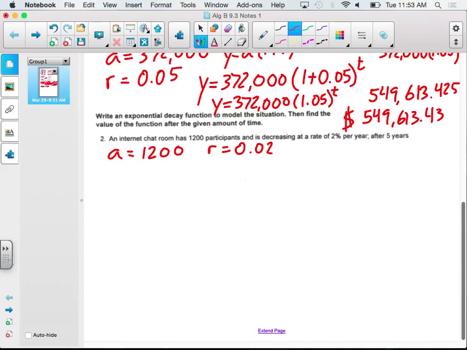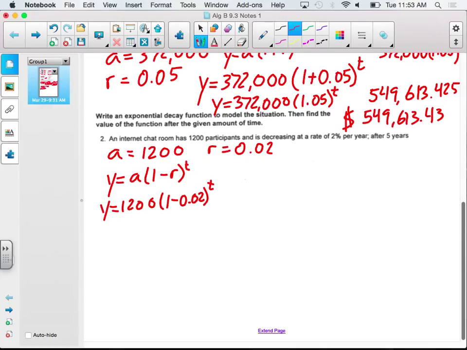Okay, so now we substitute our A and R in, right? So we have y equals A times 1, and it's going to be plus or minus? Minus, because it's decay, right? So just rewrite it: y equals 1,200 times (1 minus 0.02) to the t.